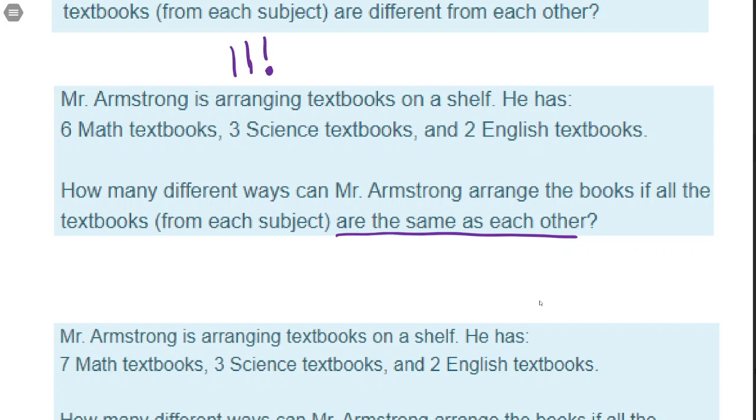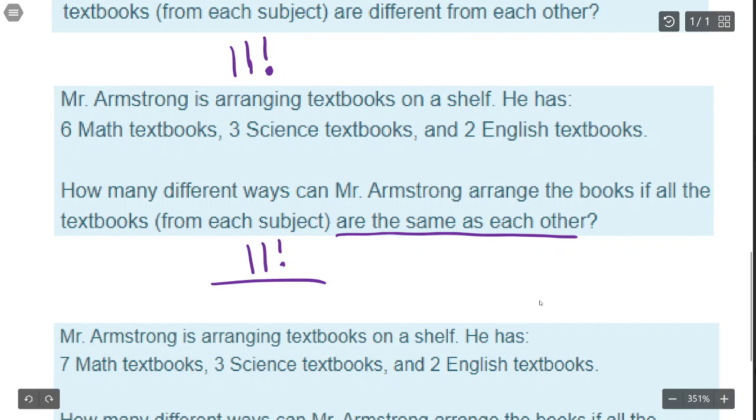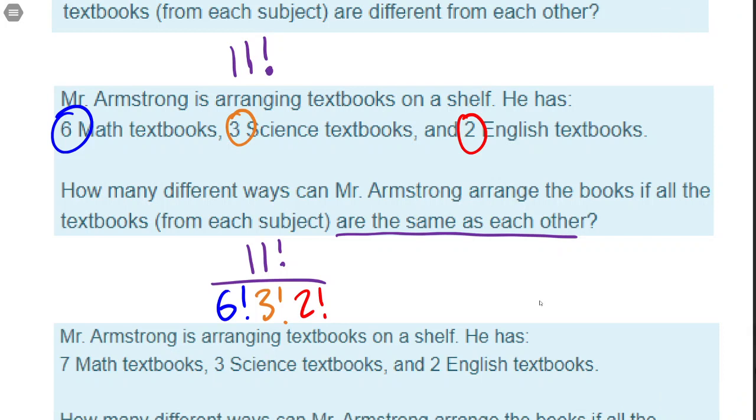Well, again, we've got a total of 11 books. So it's 11 factorial, but we're going to divide by our 6 math books, which have 6 factorial ways of arranging, our 3 science books, 3 factorial ways, and our 2 English books, 2 factorial ways. And so it's 11 factorial over 6 factorial, 3 factorial, 2 factorial. Cool.